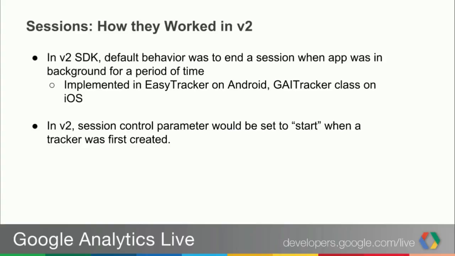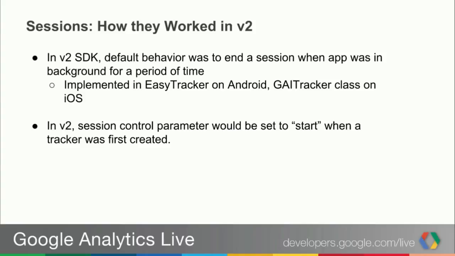The way we did it in V2 is we decided that if the app was sitting in the background for a certain length of time, I think the default was 30 seconds, we would set that parameter and say, hey, we need a new session. We implemented that in Easy Tracker on Android and in the GAI Tracker class that was returned to you when you asked for one on iOS.